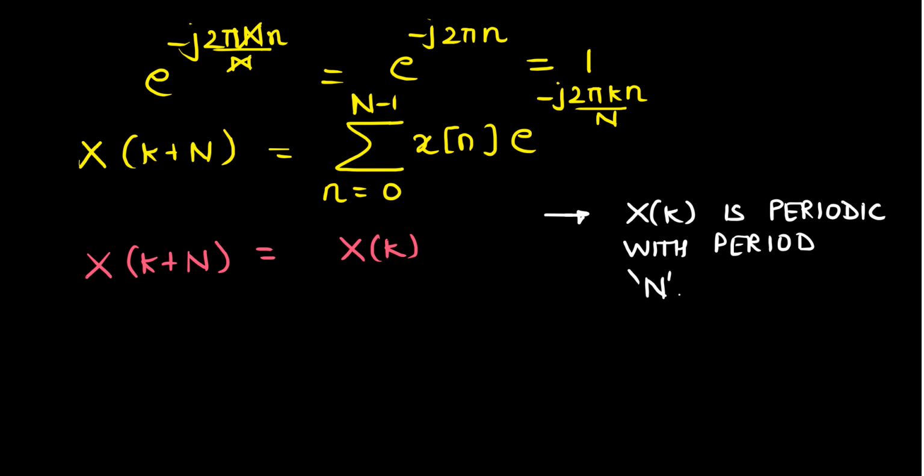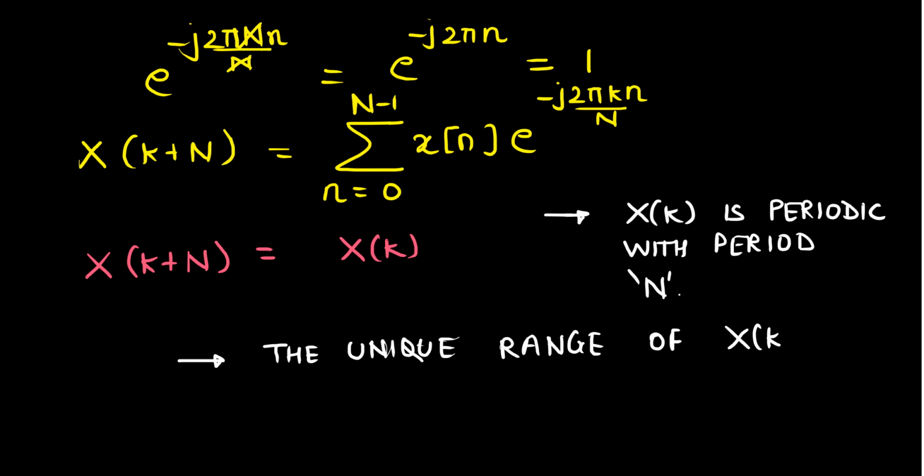Now another thing that we need to keep in mind is that this periodicity leads to consideration of a unique range for X of k, which means that the unique range of X of k is from 0 to N minus 1, and after that it is going to repeat.